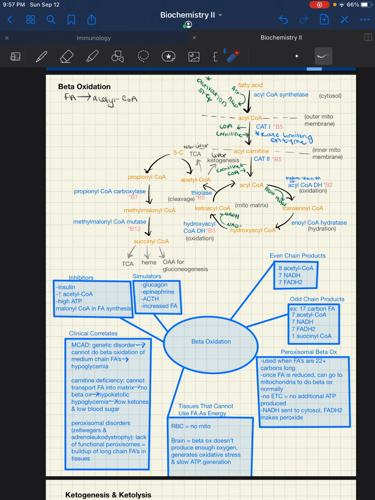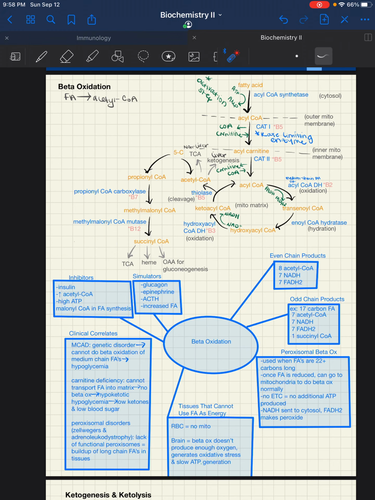High ATP will inhibit this pathway because high ATP signifies high energy, and we're doing this pathway because we have low energy. So high energy would inhibit this pathway. We don't need to be breaking down anything if we have high energy.